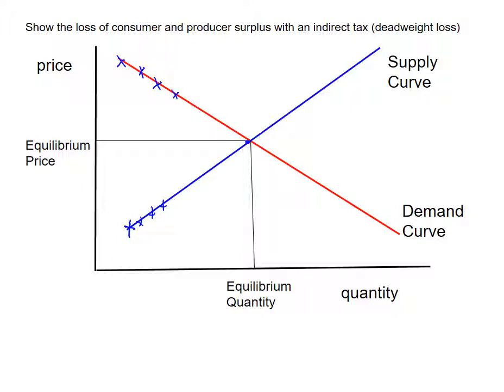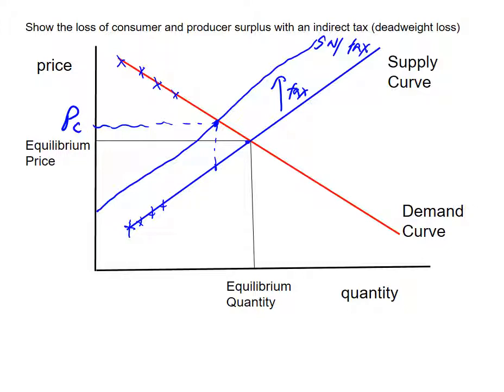Let's see what happens once a tax is imposed. So here's the tax, S with tax, and here's our new point of equilibrium. Bring this across. Price that consumers pay, price that producers receive.